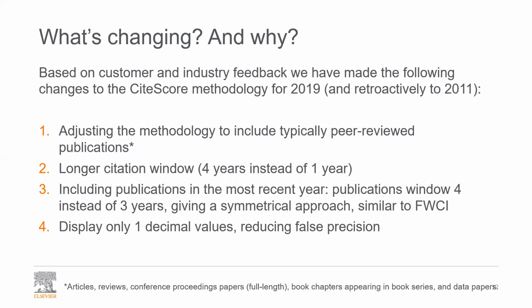And after we changed the formula, we have a longer citation window. So we changed it to 4 years instead of 1 year. For those who are actually doing research, you should know that it takes many years, at least more than 1 year, to collect the citations.